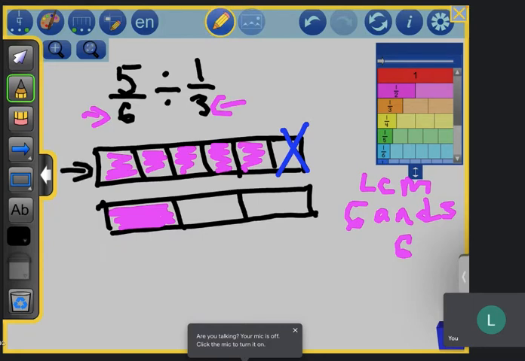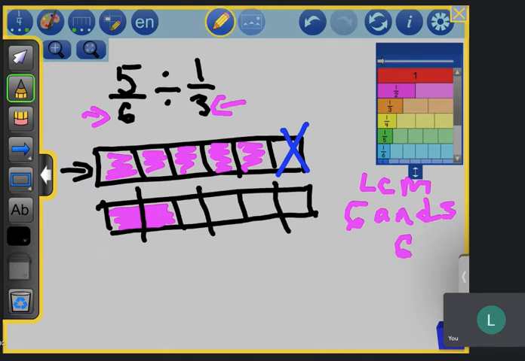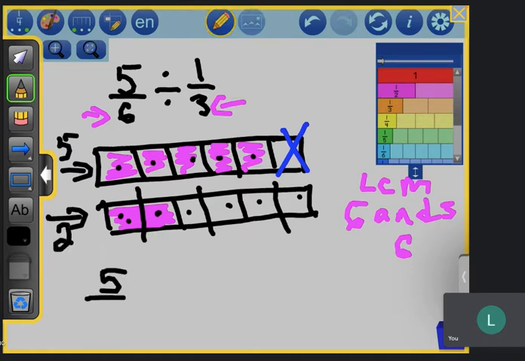For my thirds, I know 3 times 2 is 6, so I split each one down to make them 2 each. So I have 1, 2, 3, 4, 5, 6. Okay, awesome. So now all I have to do is count for my numerator: 1, 2, 3, 4, 5. This is my numerator. And my denominator is 2. So it's 5 over 2.